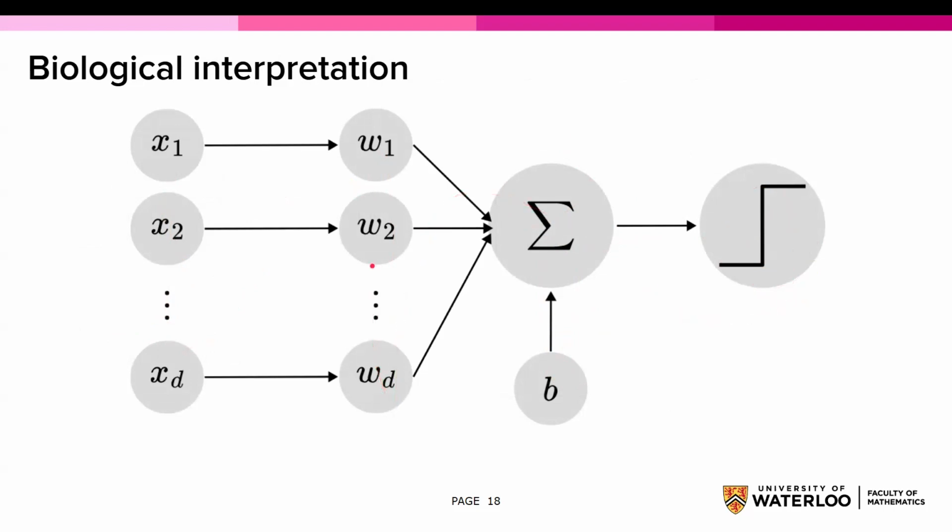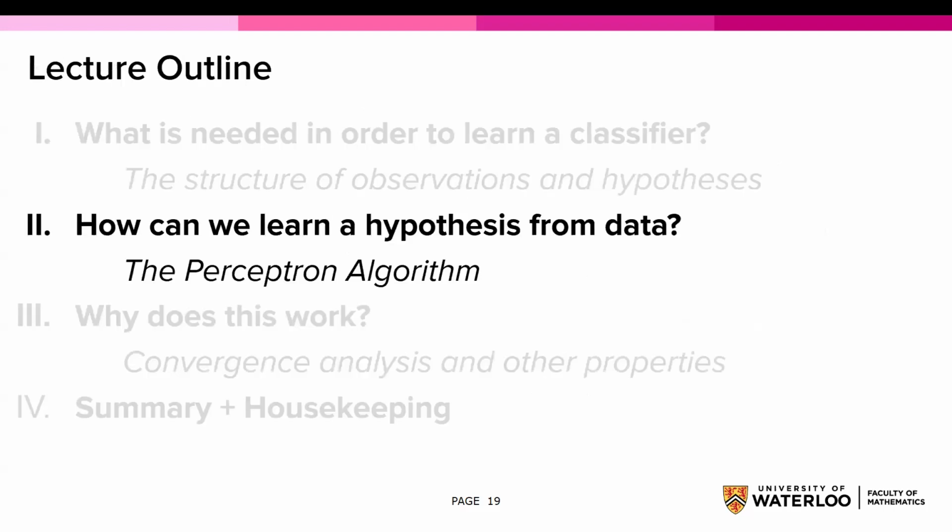And so here the weights are kind of analogous to the number of synapses that make contact with a postsynaptic cell and cause current to flow in, where the total current is determined by summing up all such currents. And so because of this analogy to biology, these models were called perceptrons in the early engineering literature.